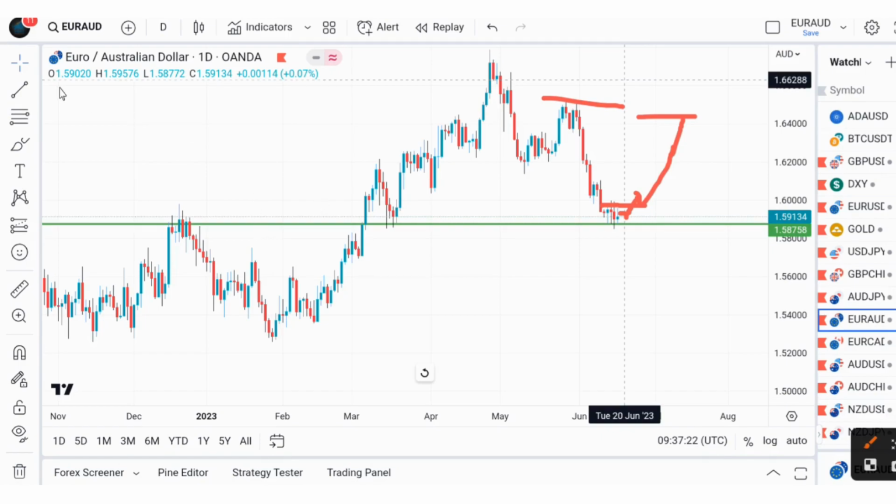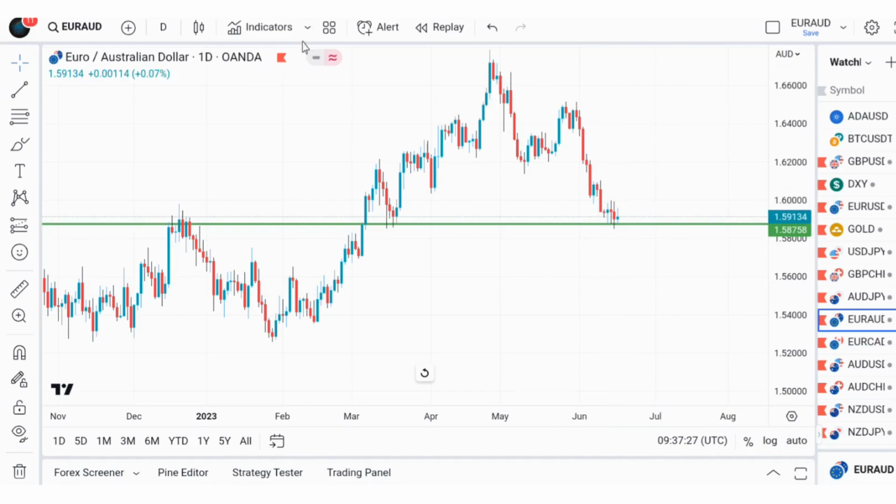And you can't rule out the AUD strength too. That's why we didn't have much move here last week, because both currencies, the euro and the AUD, are stronger.